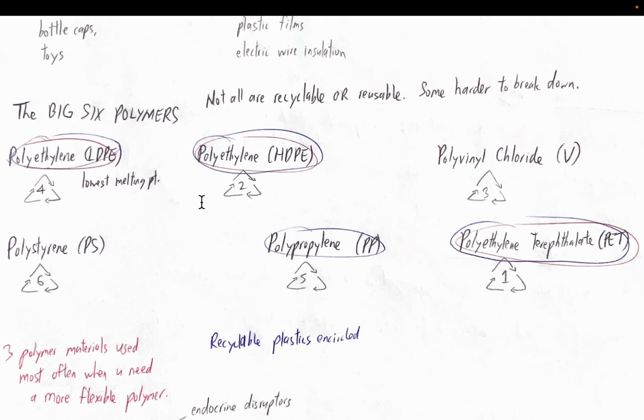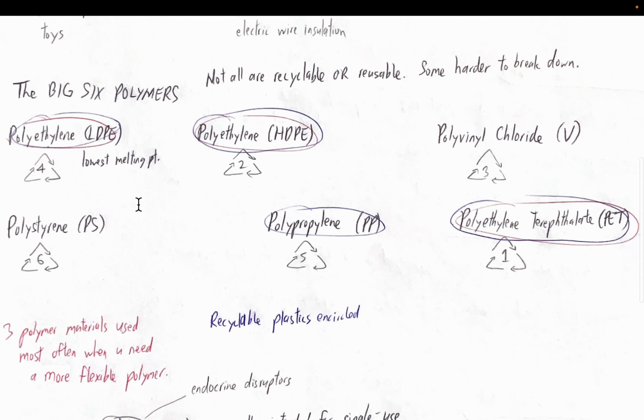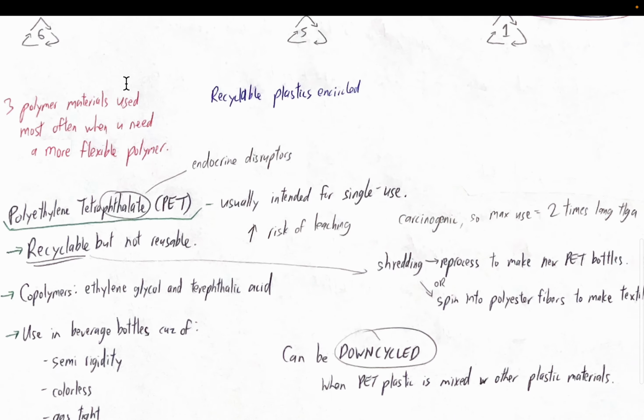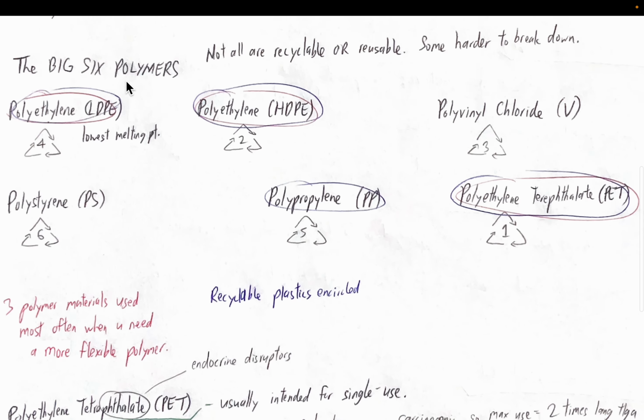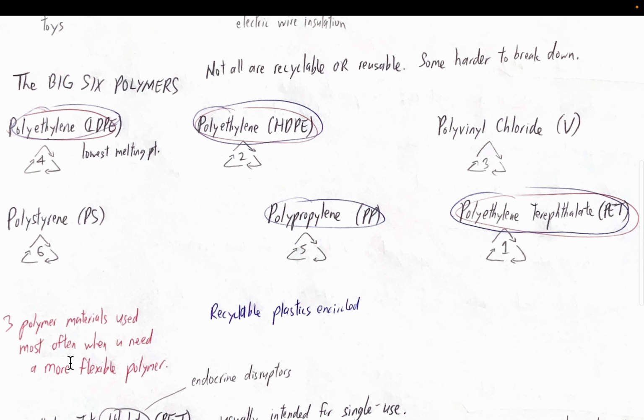Out of the 6, low density polyethylene has the lowest melting point. So you can say that when you microwave, you try to avoid low density polyethylene the most. So 3 polymer materials that are used most often when you need a more flexible polymer are encircled in red.